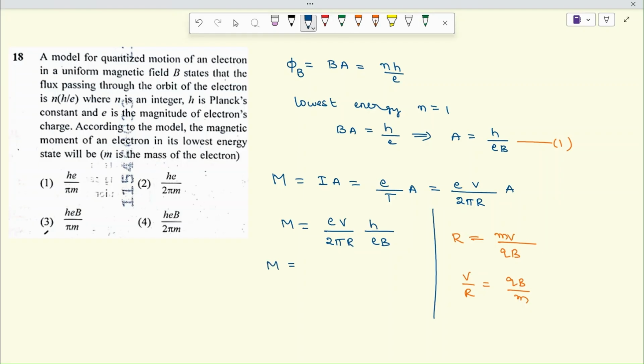Then magnetic moment is equal to e by 2 pi, h by eB, into v by r. v by r means qB by m. Now cancel certain terms, e and e, B and B. And this q is nothing but charge of electron here. So you can write it as h into e by 2 pi m. Right? So answer is he by 2 pi m. Second option.